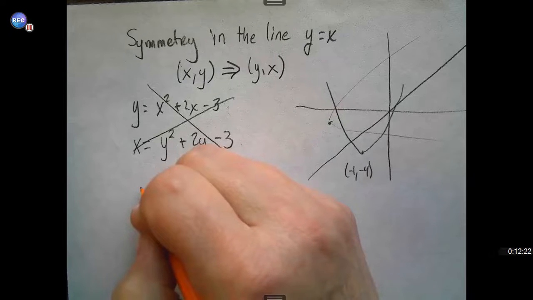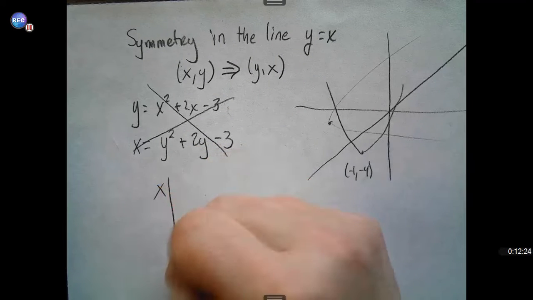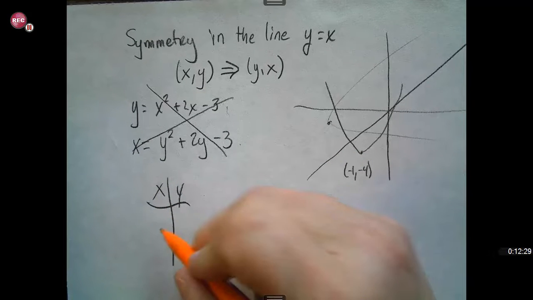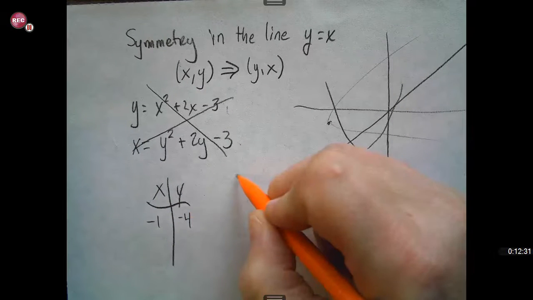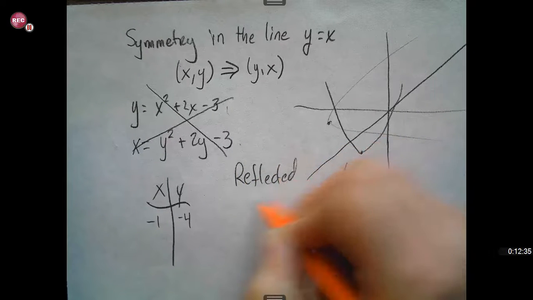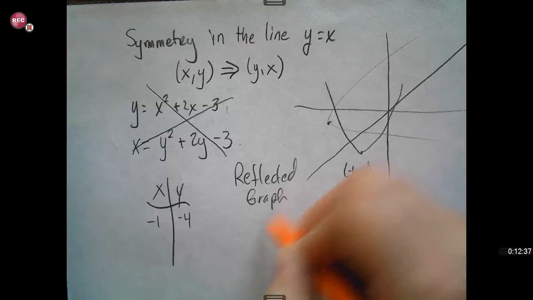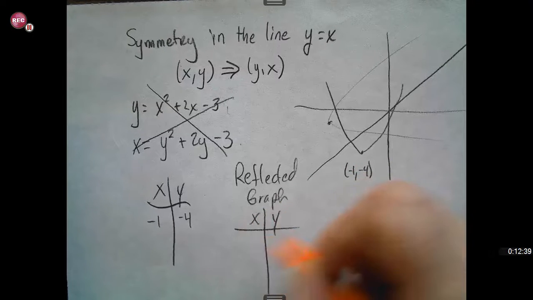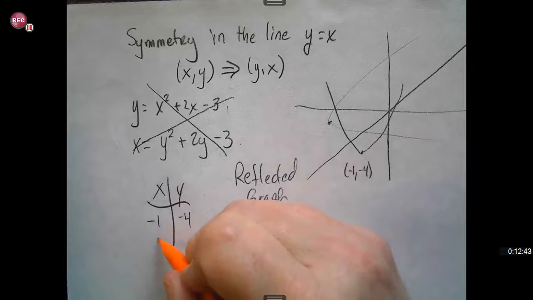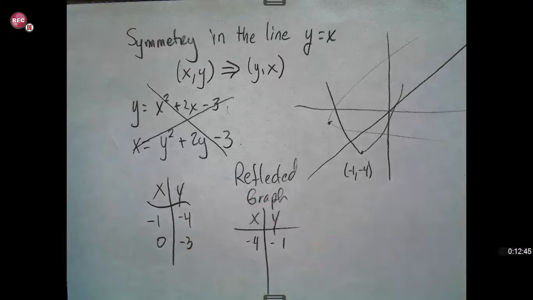But just like the other equations, I can take my original set of ordered pairs, -1, -4, and for the reflected graph, that ordered pair becomes -4, -1. Or we had 0, -3 as a point on that graph.